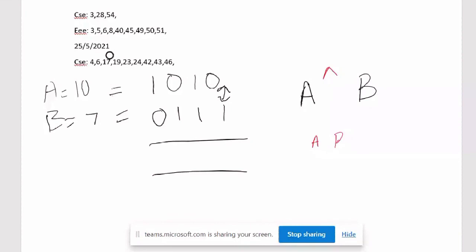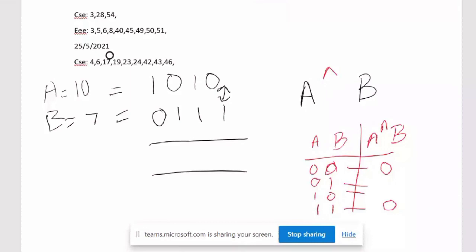A exclusive OR with B: 0 0, 0 1, 1 0, 1 1, right? So when your inputs are the same, you'll get a 0. That means if both are 0 or both are 1, you will get 0. If the inputs are different, you will get 1. This is the truth table, right?